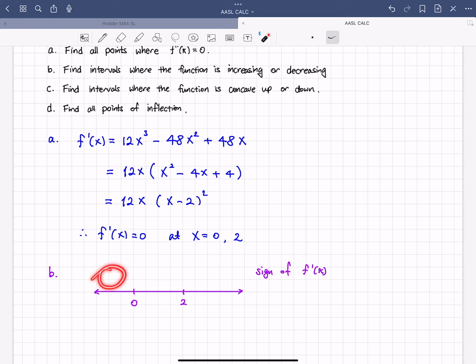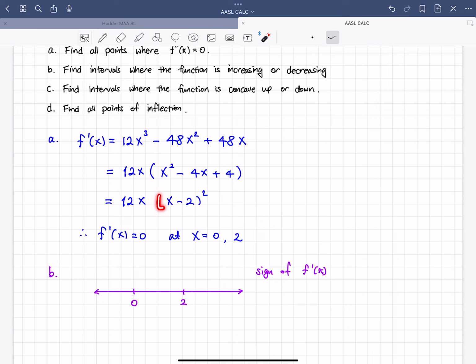So I'm going to find intervals here, here, here, and you can easily substitute a number in that interval and find the sign for it. So if I wanted to know if f prime is positive or negative here, I just need to choose a number that is less than 0. So let me think about like -1 or something, right?